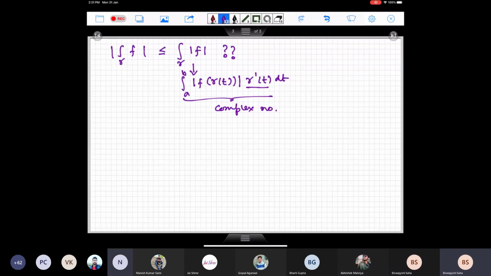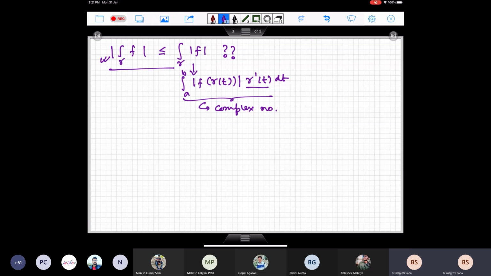Yes, sir. It's a complex number a priori. So I can't write this, because there is no inequality in complex numbers, and this is of course a non-negative real number. So we can't compare complex numbers. That is what I'm saying, that we can't compare two complex numbers.